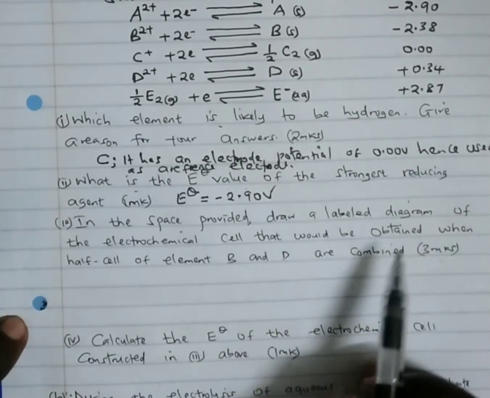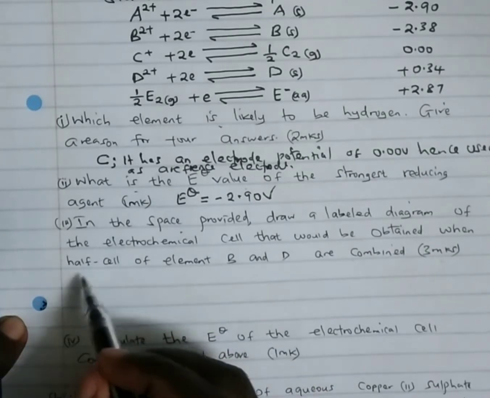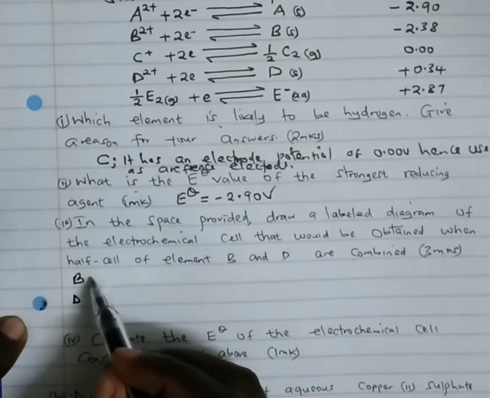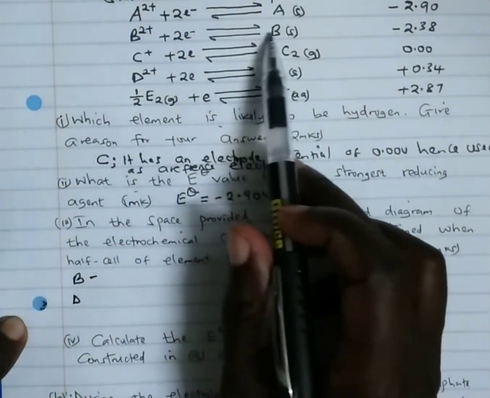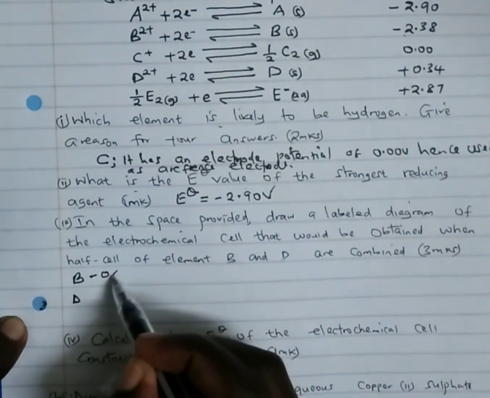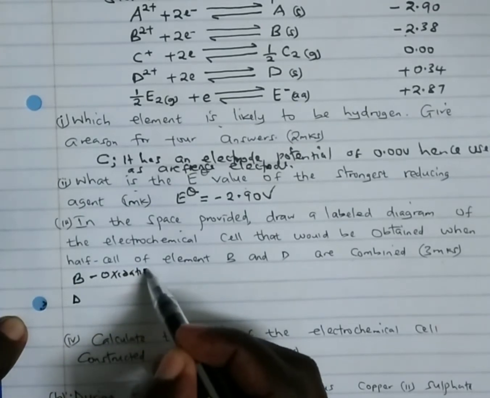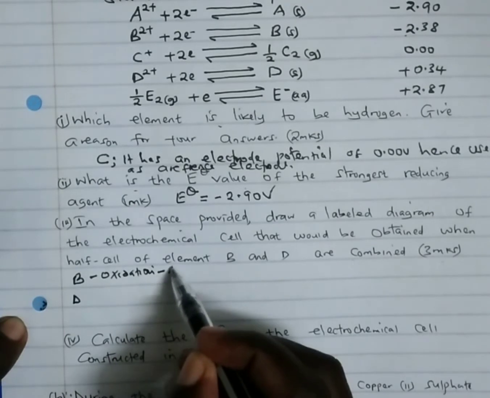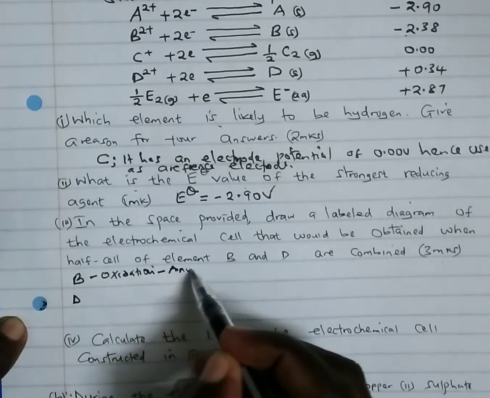In this case, let us look at B and also let us look at D. If you look at B, it has a negative E theta value, meaning it is a reducing agent, and reducing agents undergo oxidation, and oxidation usually takes place at the anode.